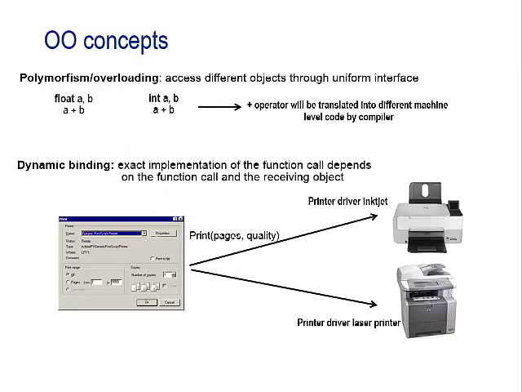Polymorphism or overloading means that basically we can use the same method names, the same procedure names in different classes. That means that the same procedure name can hence have a different implementation depending upon the object on which it is invoked. As a very simple example, let's have a look at the operation plus for adding.